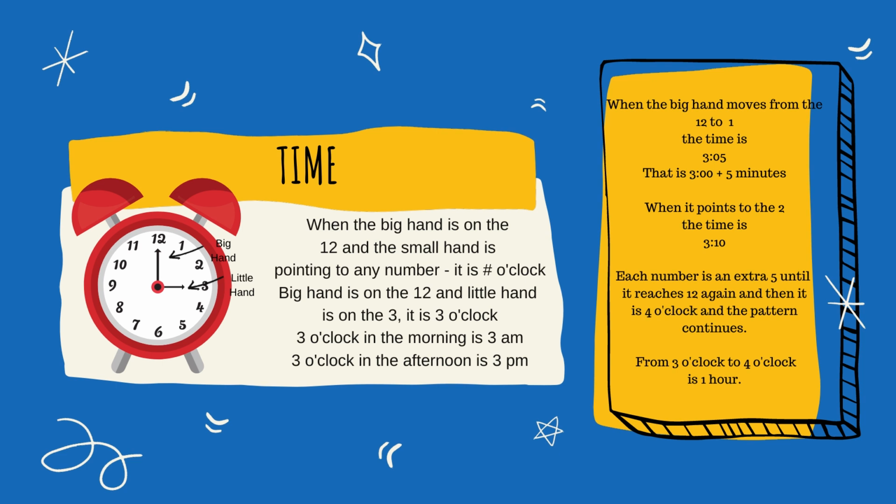Each number is an extra 5 until it reaches 12 again, and then it is 4 o'clock and the pattern continues. From 3 o'clock to 4 o'clock is 1 hour. When the big hand goes all the way around to the 11, it is 3:55. And then the big hand goes to the 12, it becomes 4 o'clock.